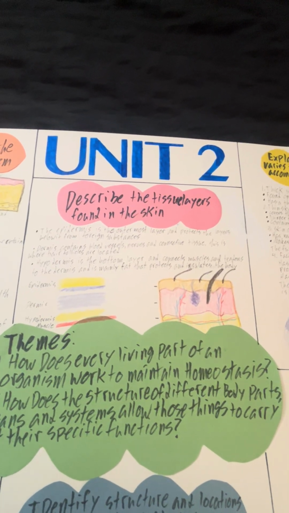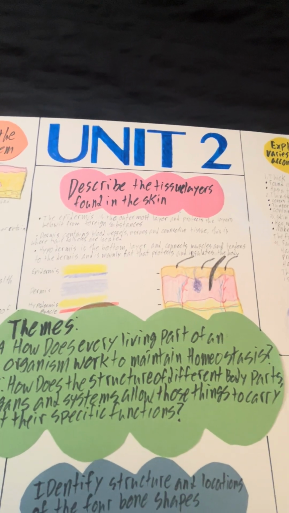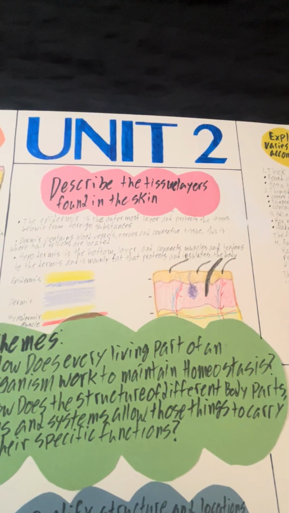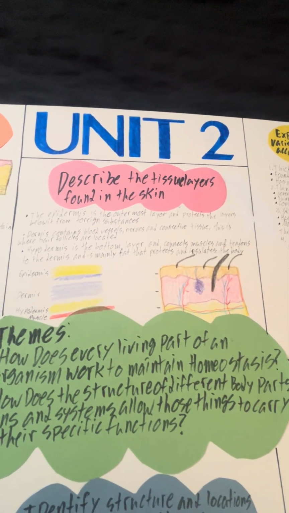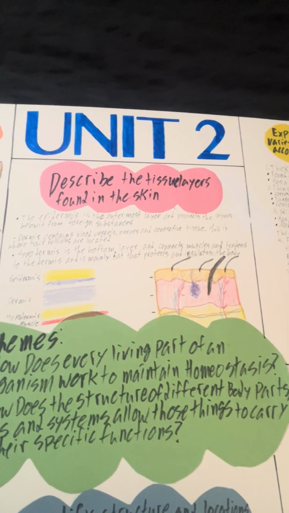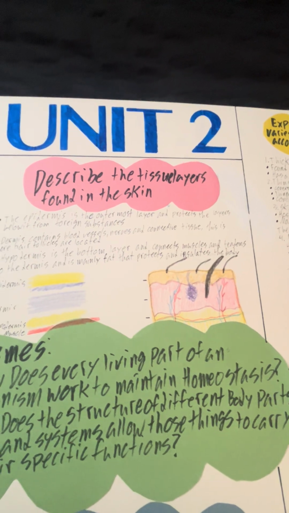There are 5 main layers of the epidermis. There's the corneum, there's the lucidium, there's the granulum, there's the spinosum, and the basal.